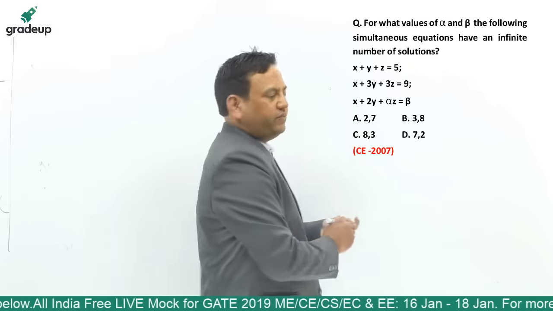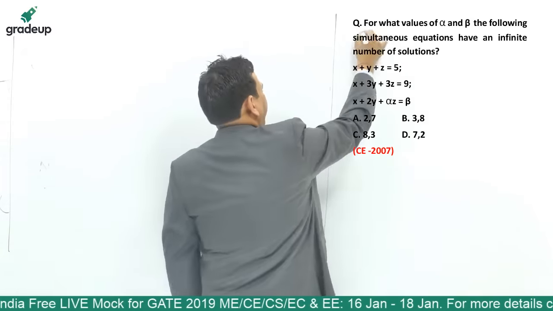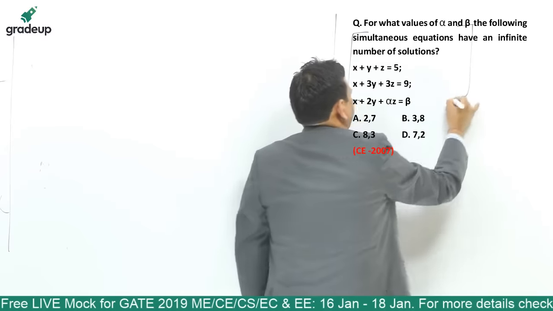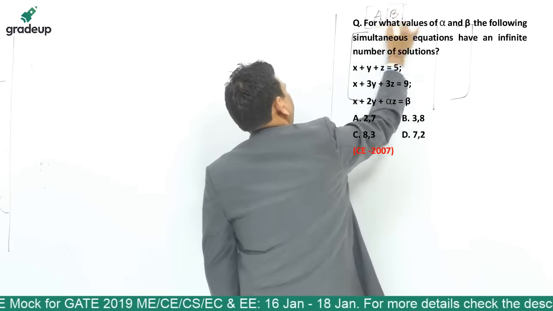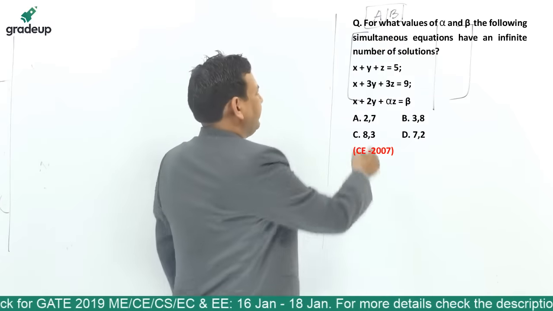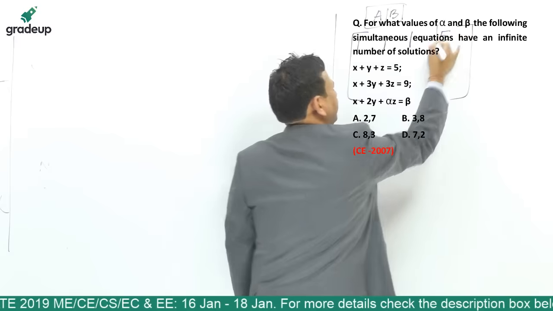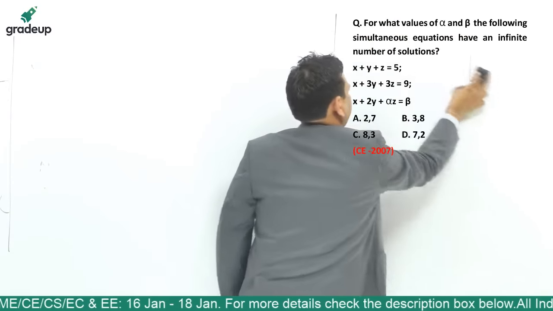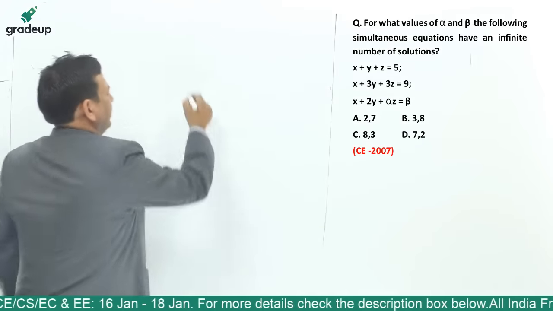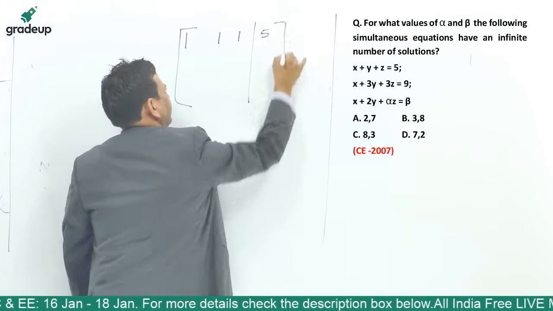Now this is one question which came in Civil 2007. There is only one way, and it is very simple: take the augmented matrix and calculate the rank. So this is given as 1, 1, 1, 5.